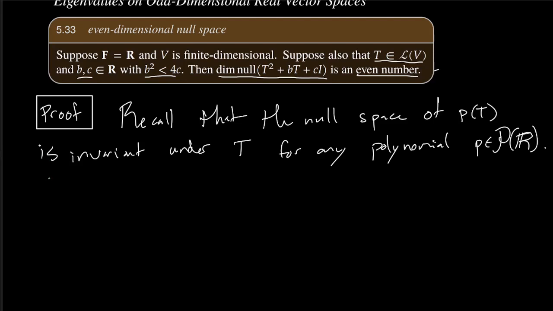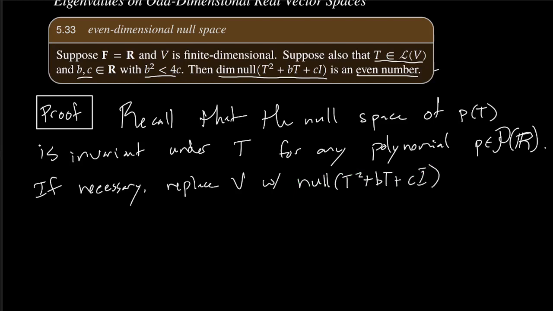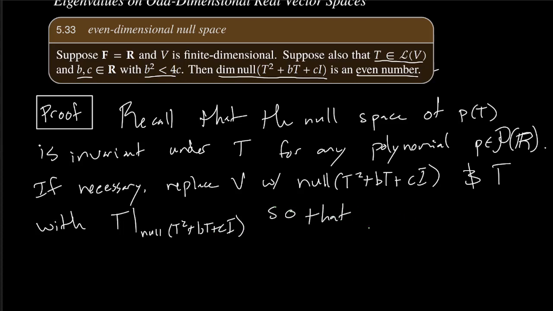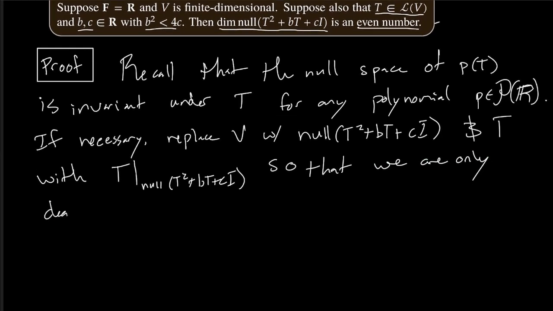Now, here's what we'll do. This is kind of hand-wavy, but just to skip some technicalities. If necessary, replace V with the null space of T squared plus BT plus CI and T with T restricted to the null space of T squared plus BT plus CI, so that we are only dealing with this null space.